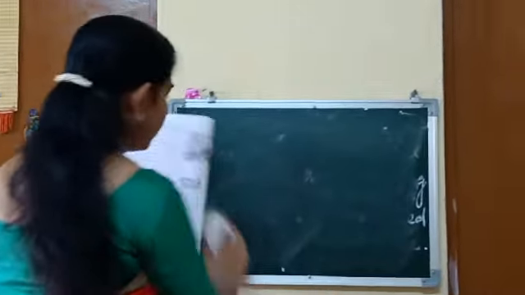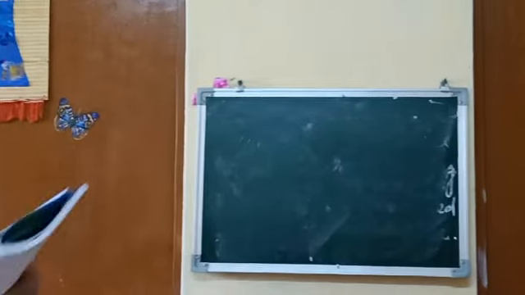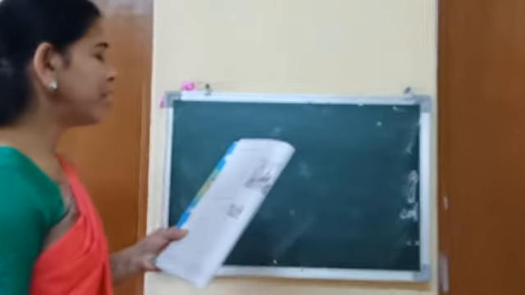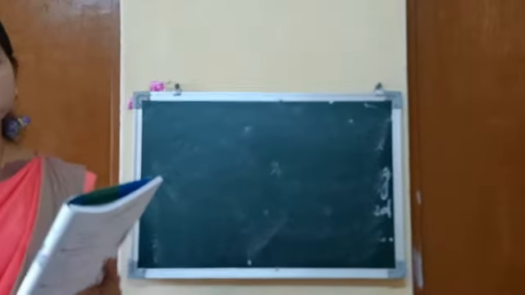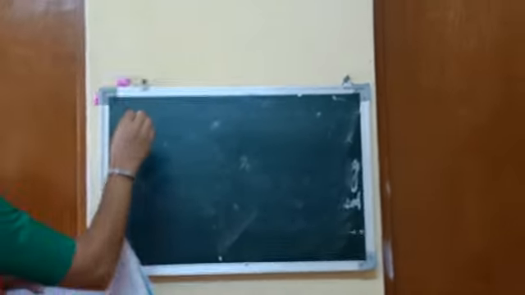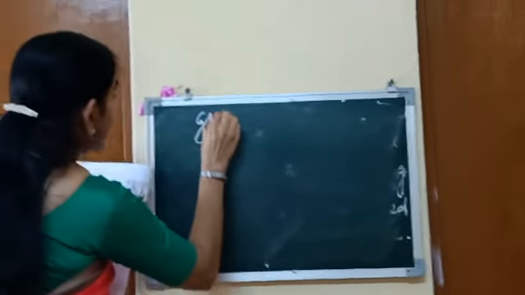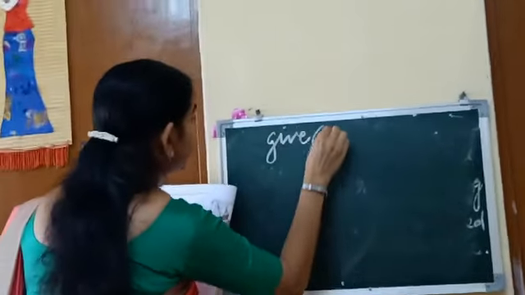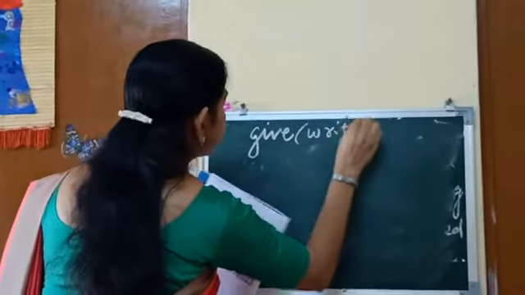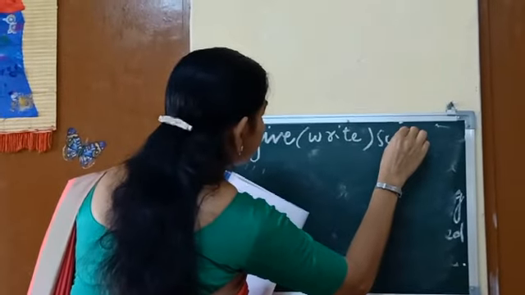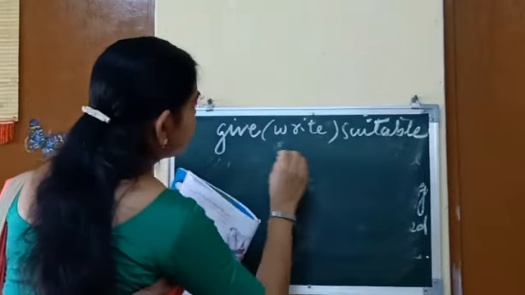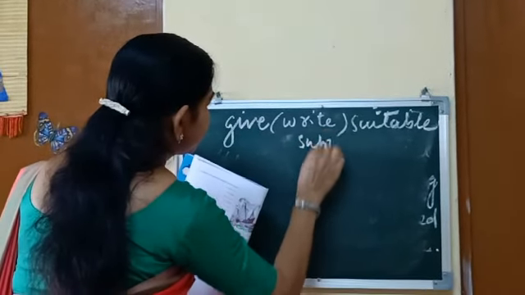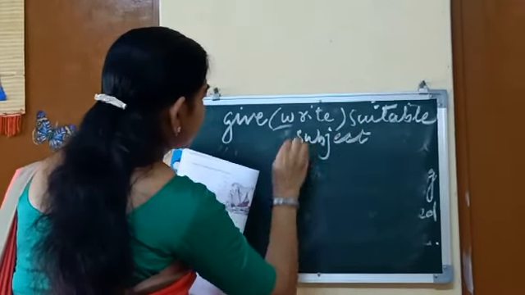The second exercise, number B, is to complete the sentence by supplying a suitable subject. Supply, or give, or write a suitable subject. Now you know what a subject is.